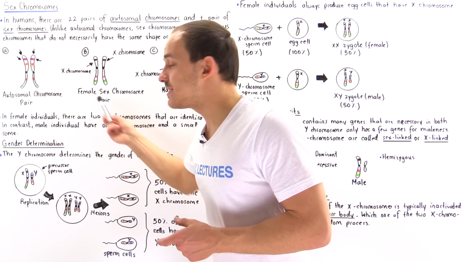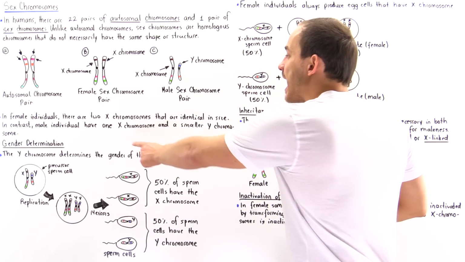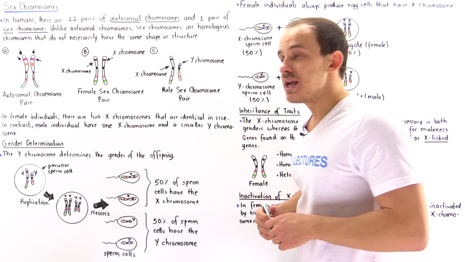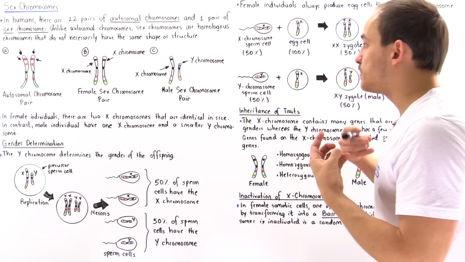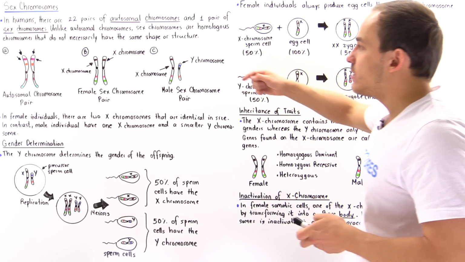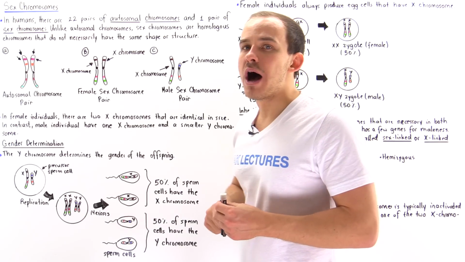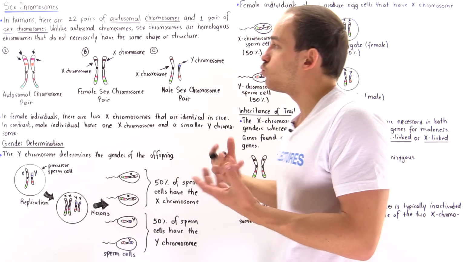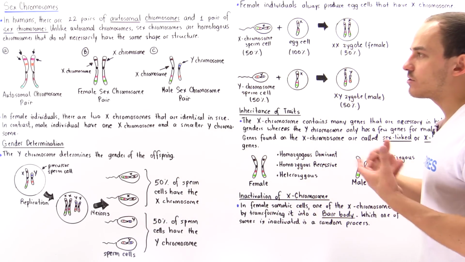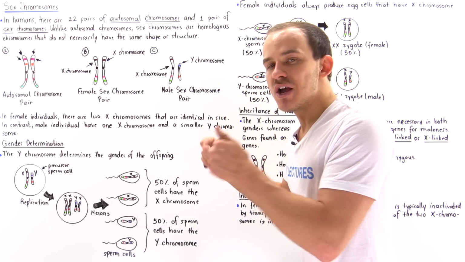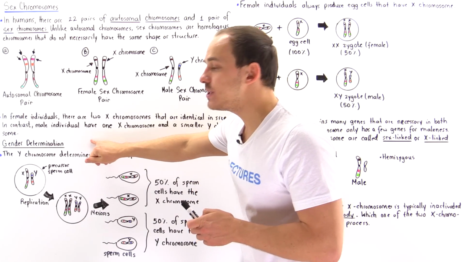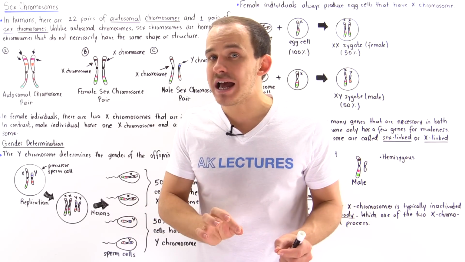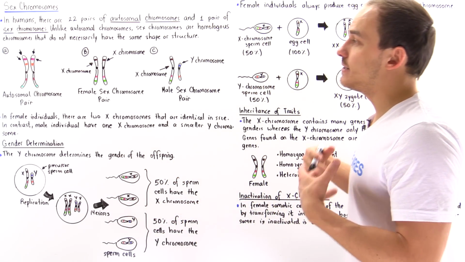So in contrast, male individuals have one X chromosome that contains many genes that code for specific sex-linked traits, and a small Y chromosome that has one or several genes that code for maleness. Why is that? It's because the Y chromosome actually determines the gender of that particular individual.